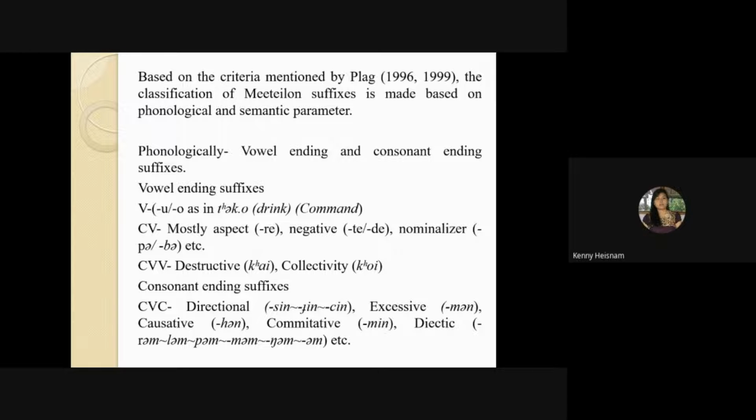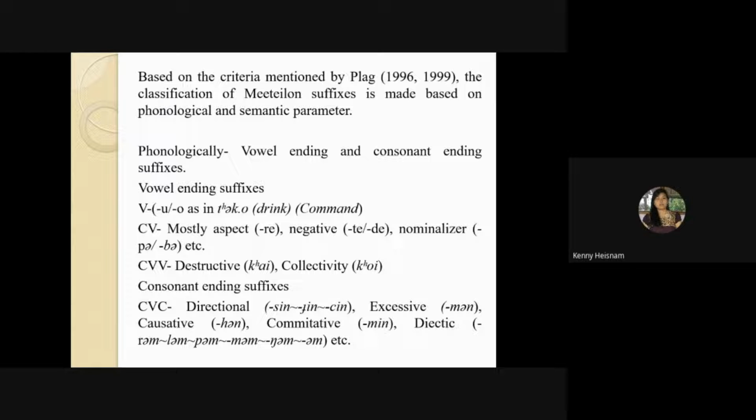Next is the CV pattern, which mostly indicates aspect markers, negatives, nominalizers and so on. And the CVV pattern covers suffixes which indicate destructive markers, for example chi and collectivity. These come under the CVV pattern.